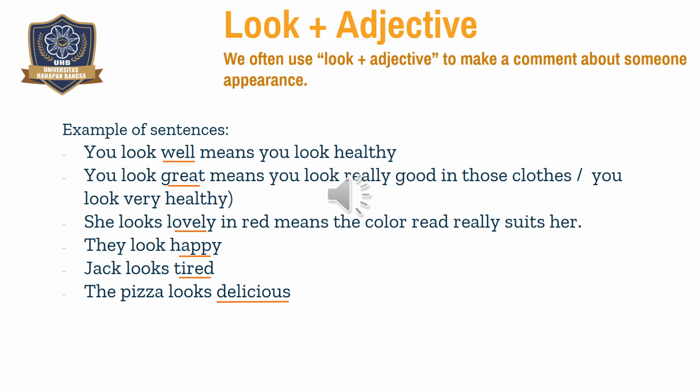The first topic is look. When you want to make a sentence with look, it is followed by an adjective. When look and adjective are paired, it's often used to make a comment about someone's appearance.